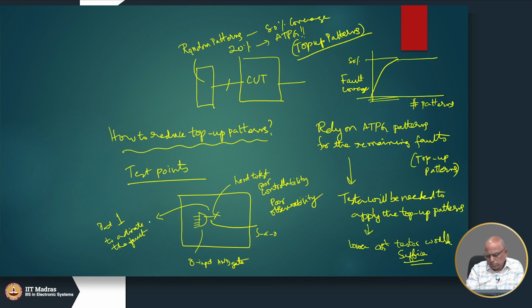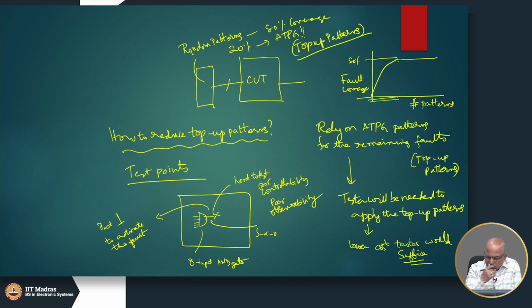But if a random pattern is trying to put a 1 on the output of the gate, it is not going to be easy, because all the inputs have to become 1. When you do random pattern generation, the chance that all the 8 inputs of the AND gate will become 1 is somewhat low, right.